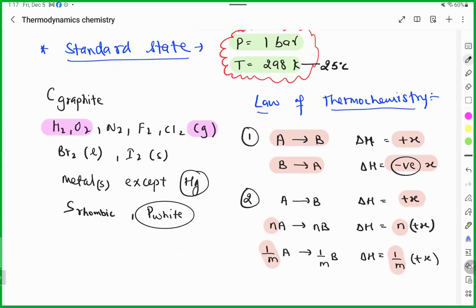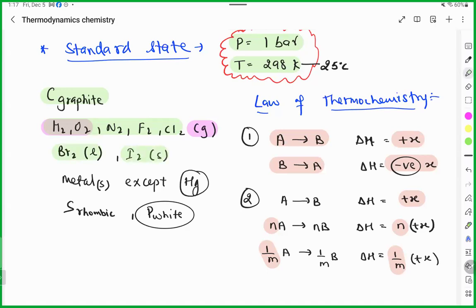For example, for carbon, graphite is the standard state. For most elements, it is the gaseous form, for example hydrogen, oxygen, nitrogen, fluorine, chlorine. You will take gaseous as the standard state. Bromine is naturally present in liquid form, so liquid is its standard state.